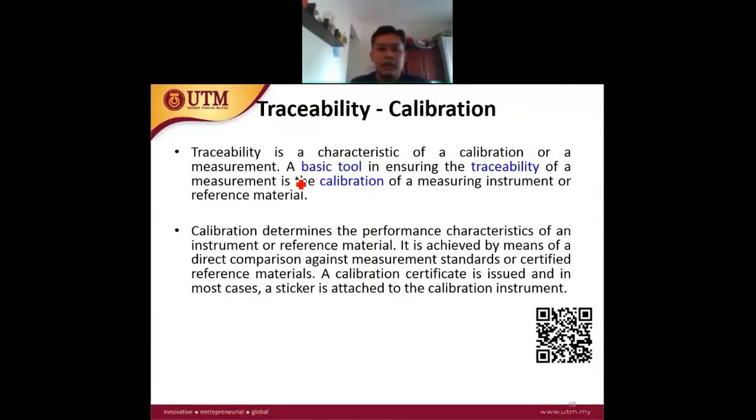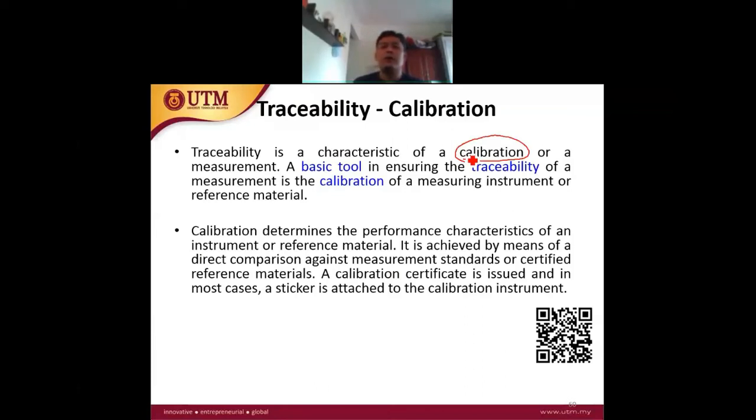So this is basically the elaboration of traceability. It is a characteristic of calibration. Calibration, you may find this word especially in the industry. Maybe some of you had the privilege to visit the industry, so you could have found the word calibration.